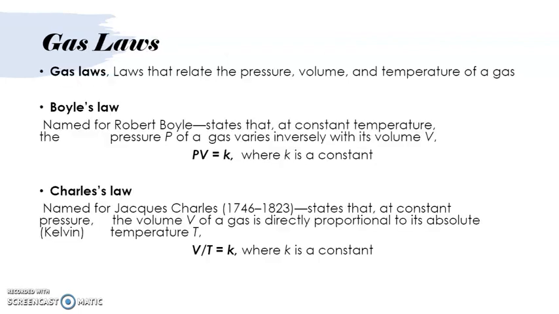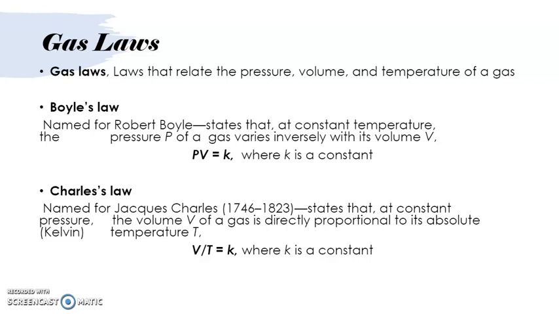We are going to study gas laws. These gas laws were devised by certain scientists by observing the behavior of gases. First is Boyle's law, named after the scientist Robert Boyle. It states that at constant temperature, the pressure P of a gas varies inversely with its volume V. It is denoted by the equation PV = K, where K is a proportionality constant.